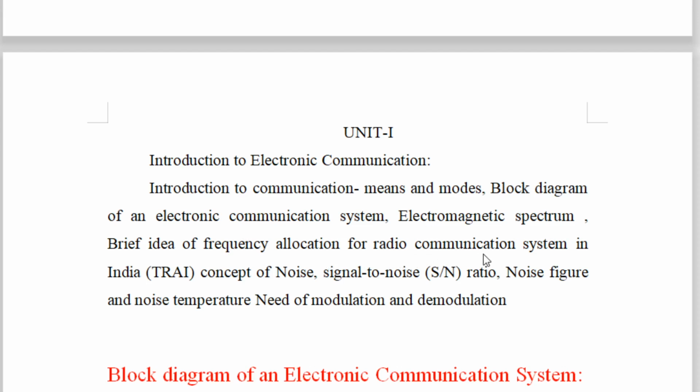Radio communication we divided into two categories: frequency modulation communication and amplitude modulation communication. A specific slot of frequency is allotted for this communication, and that we also completed in the previous lecture. Today our target is to study the block diagram of electronic communication system.